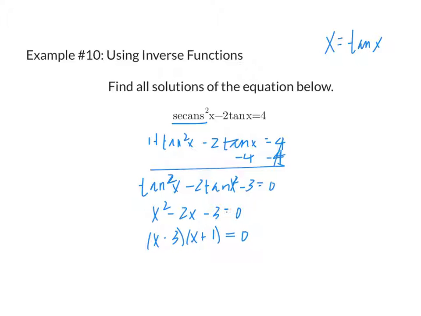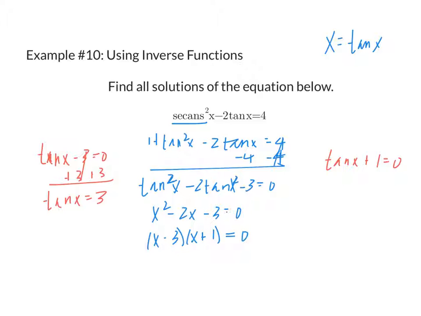If I trade them back out for tangent functions, we have tan x minus 3 equals 0, and I also have tan x plus 1 equal to 0. Over here, if I add 3 to both sides, I have tan x equals 3. Since the range is infinite, that's something we could find.